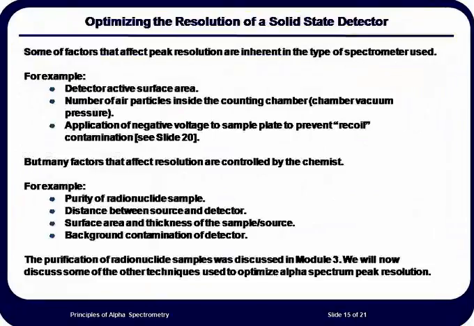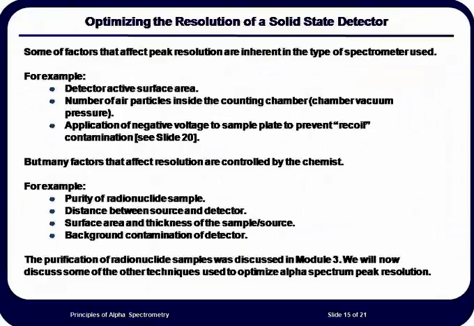There are both instrumental and analyst-controlled parameters that affect alpha spectrum resolution. The type and size of the detector crystal, the type of vacuum that can be achieved in the sample chamber, and the possibility of applying a voltage to the sample disk to minimize recoil are all instrument-related factors.